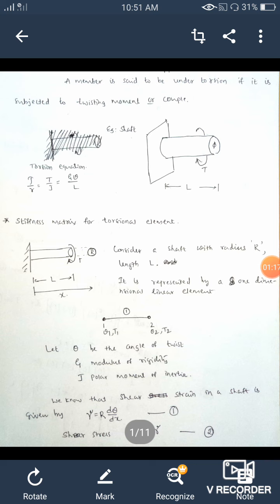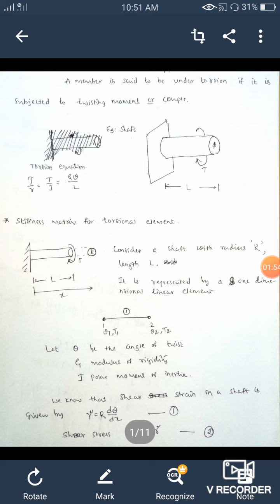You know the torsion equation from mechanics of materials: tau by R is equal to T by J is equal to G theta by L. What is tau? It is the shear stress, T is the torsion or couple, and J is the polar moment of inertia. Different notations are there.